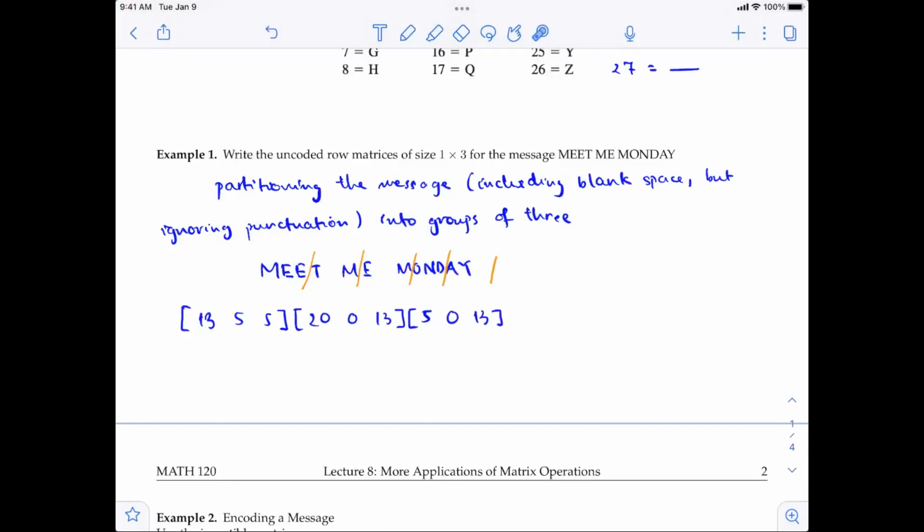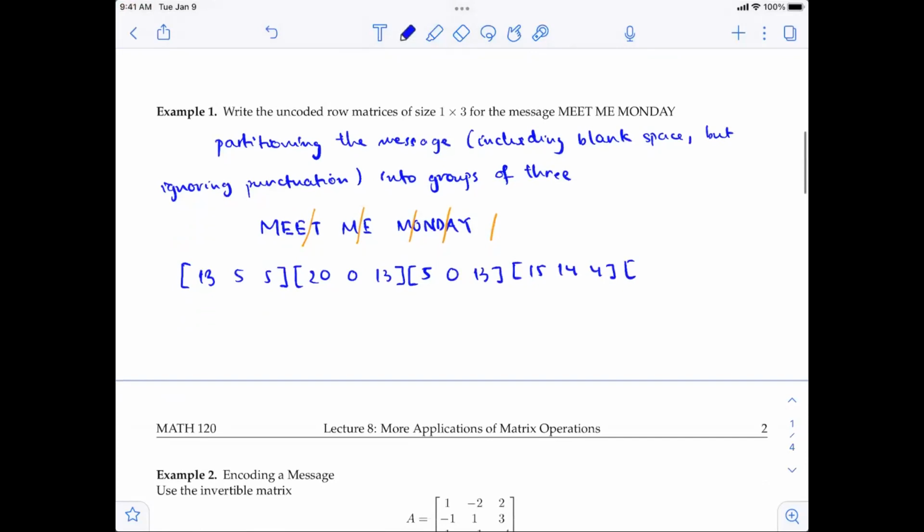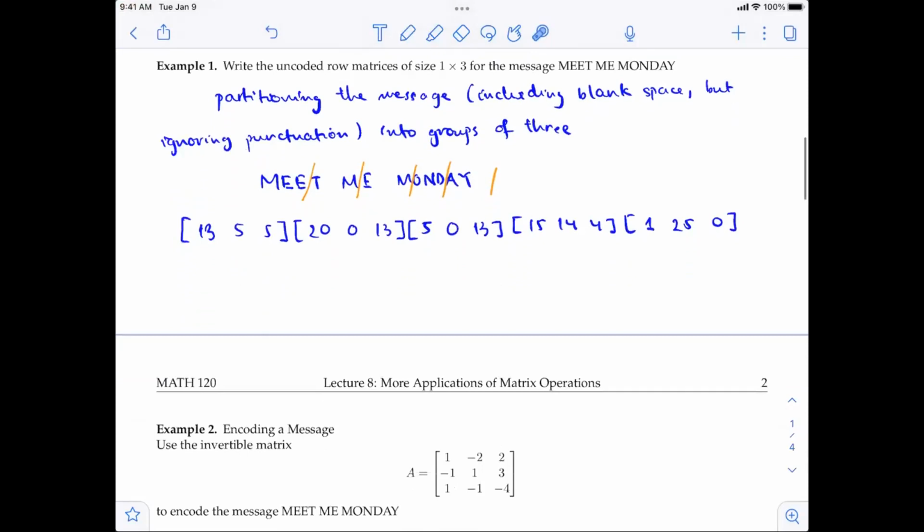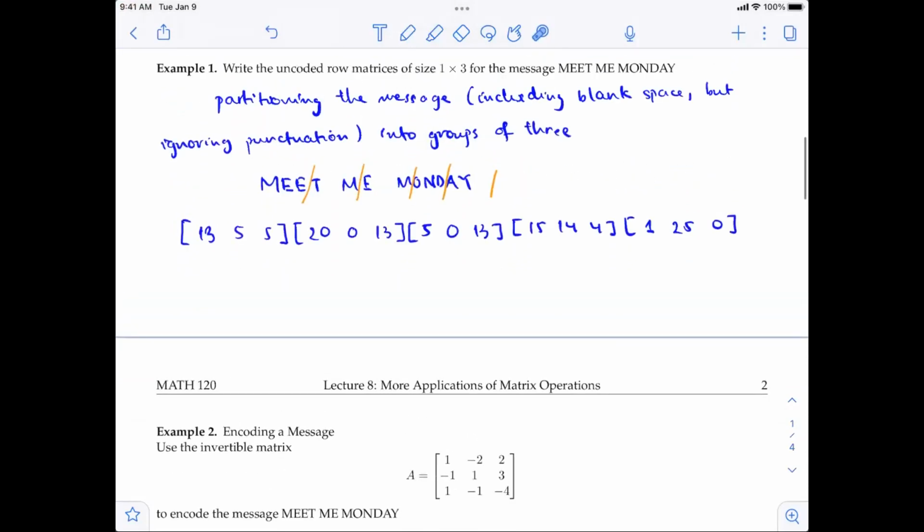The next, O and D, is going to be 15, 14, and 4. And the last row matrix is going to be 1 corresponding to A, 25 corresponding to Y, and 0 again to fill up the missing entry, and that will stand for the spacing.